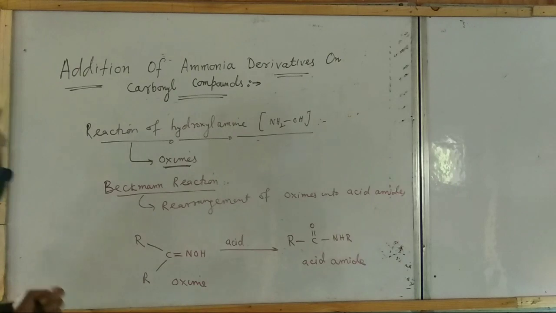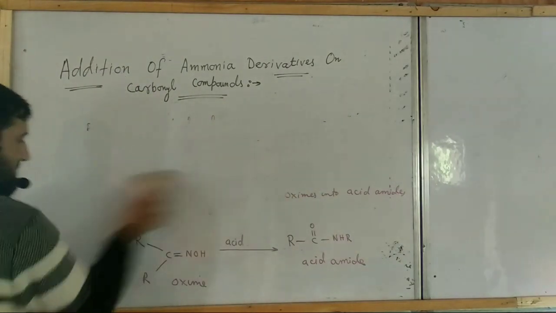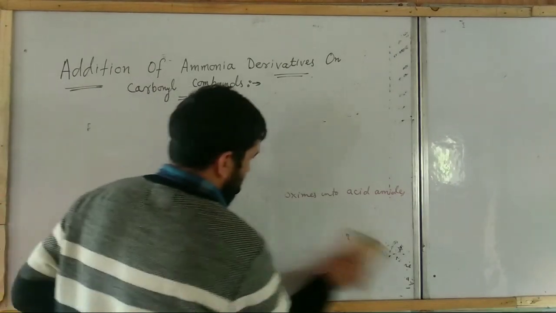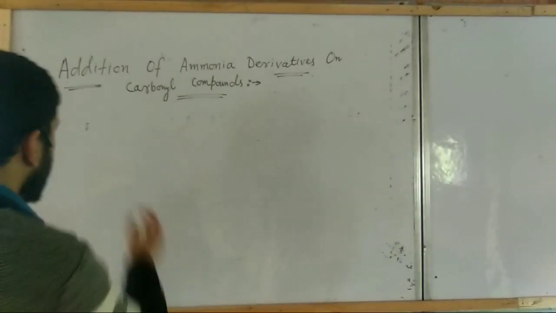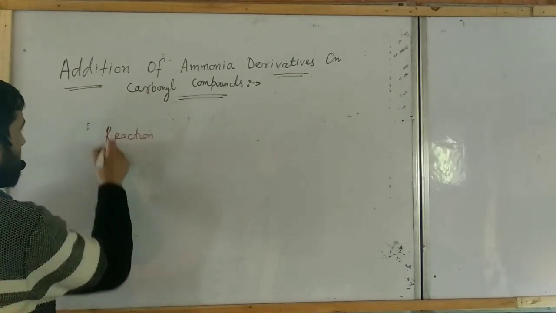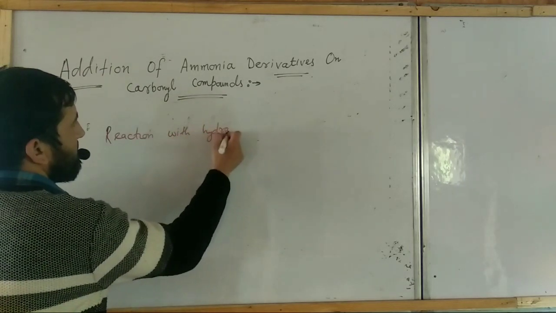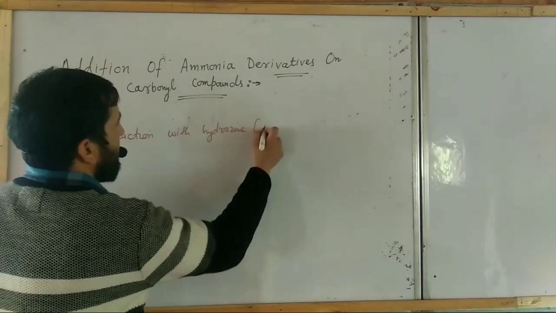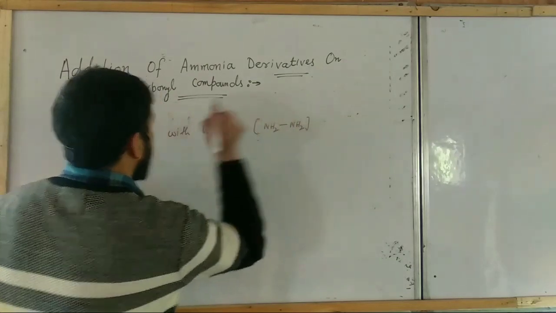Now second one is a reaction of aldehydes and ketones with hydrazine. It is also an ammonia derivative. So a reaction with hydrazine. This hydrazine is NH2 single bond NH2, that is the amino derivative.